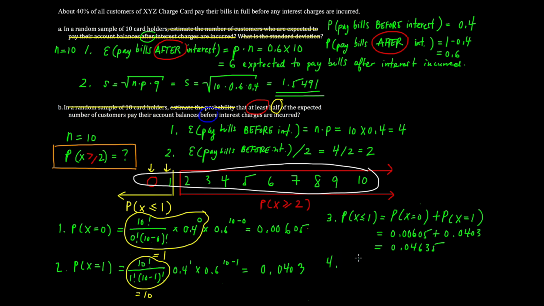To obtain the probability of x greater than or equal to 2, you do 1 minus the probability of x less than or equal to 1. So this is going to be 1 minus 0.04635. So this is going to give me a probability of 0.95365.